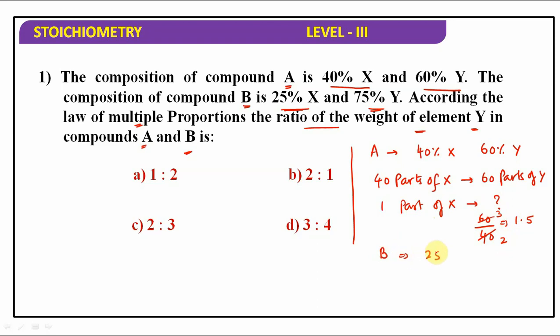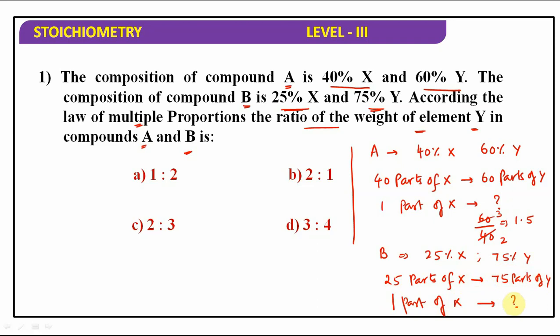Let's come to B. B consists of 25% X and 75% Y. What does it mean? 25 parts of X combine with 75 parts of Y. Then one part of X combines with how many parts? Cross multiplication: 75 upon 25 gives you 3.